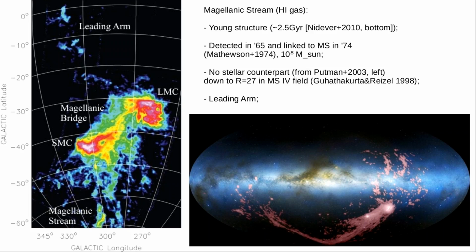There is no stellar counterpart to the gas in the stream as probed by Guhathakurta and collaborators in a very deep survey, reaching R magnitude equal to 27, but in a restricted field, 5 by 7 arcminutes, with the Keck telescope. Also visible in the figure on the left is the leading arm, a gas structure on the opposite side to the Magellanic Stream. The Magellanic Stream is at the bottom and the leading arm at the top.